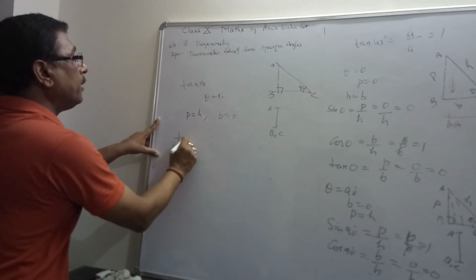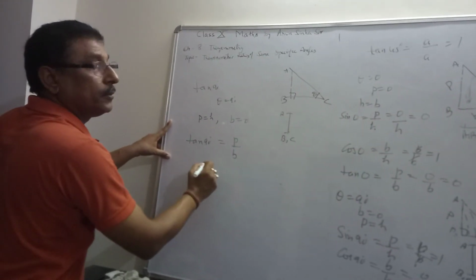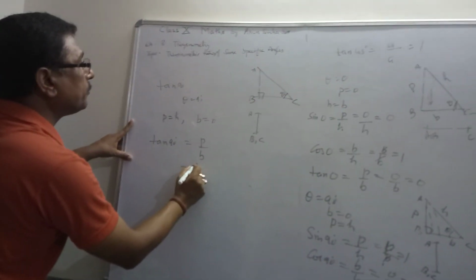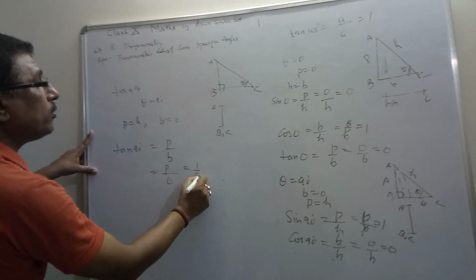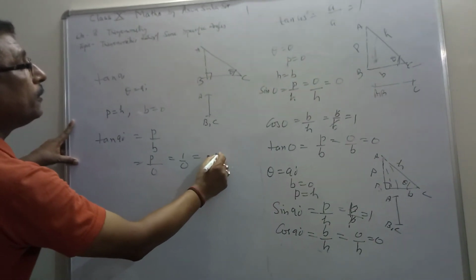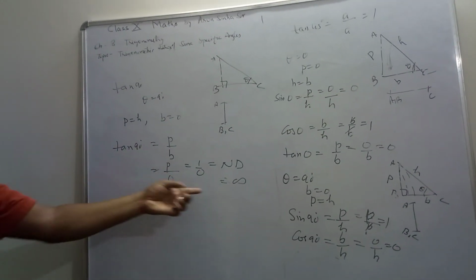You know the tan property, perpendicular upon base. So perpendicular is P, and the base becomes 0. That is 1 upon 0, which means not defined, or infinite. So in this case, tan 90 is infinite.